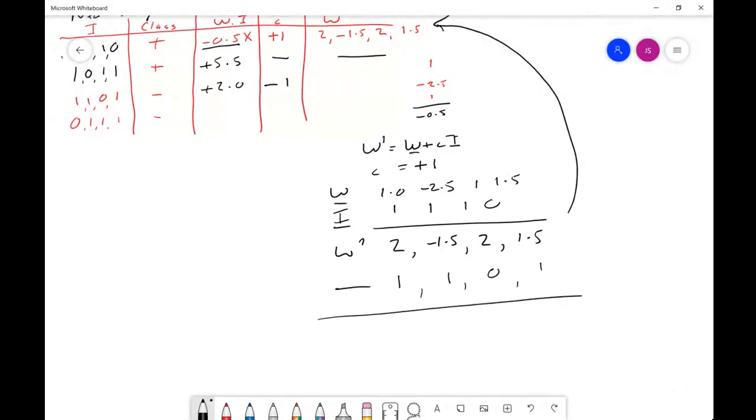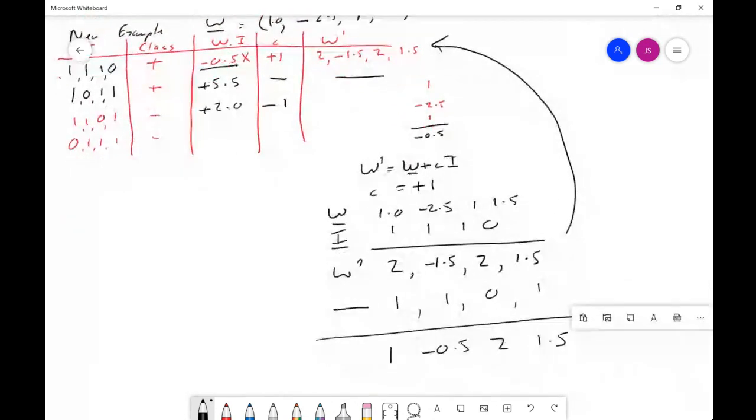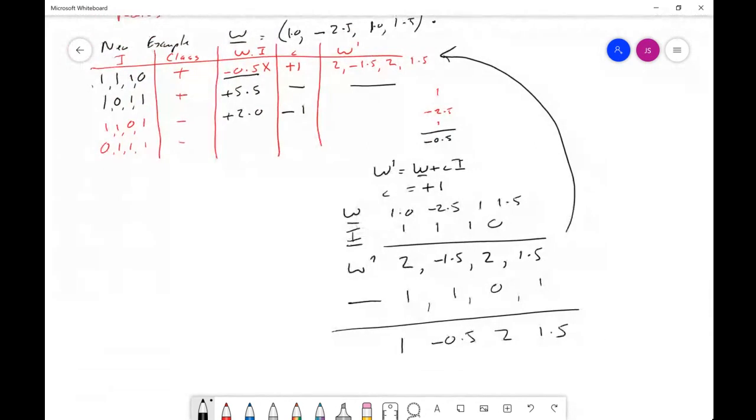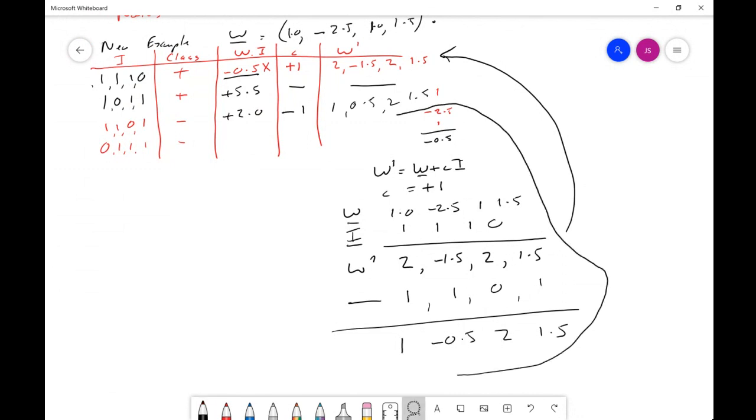Subtracting the elements is going to give me 1, minus 0.5, 2, 1.5. And that will be your next iteration of the weight vector. So the new weight vector goes in here, and that is going to be 1, 0.5, 2, and 1.5. Let's get rid of this. It's in the way now.